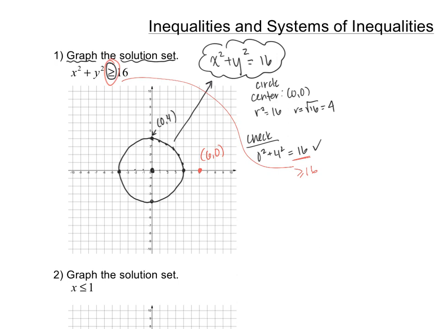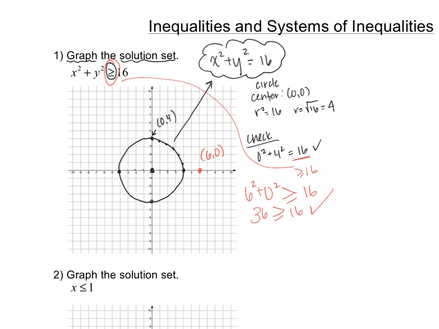Let's check if that satisfies the inequality. 6 squared plus 0 squared is supposed to be greater than or equal to 16. Well, of course, that's 36, which is greater than or equal to 16. It works. So this point that I just drew will satisfy the inequality. We're actually going to have a ton of solutions because we don't need to just be equal to 16, but bigger than or equal to 16.